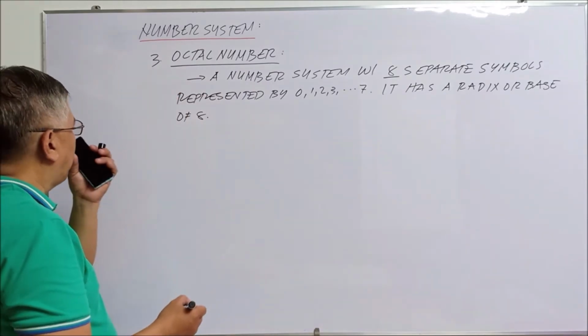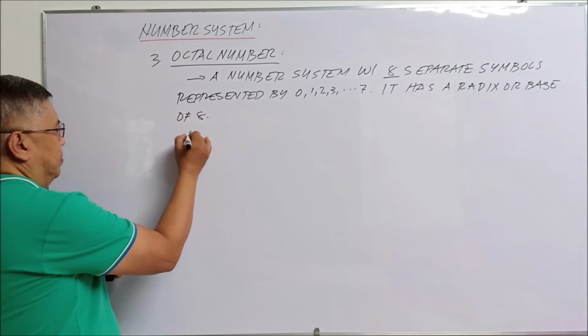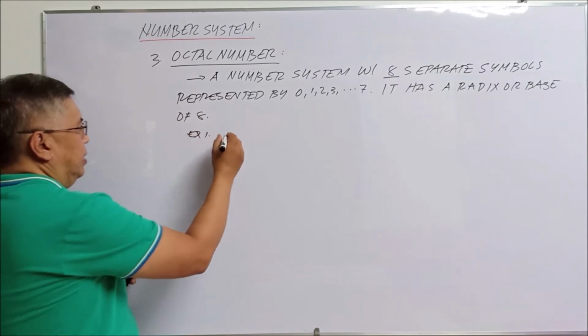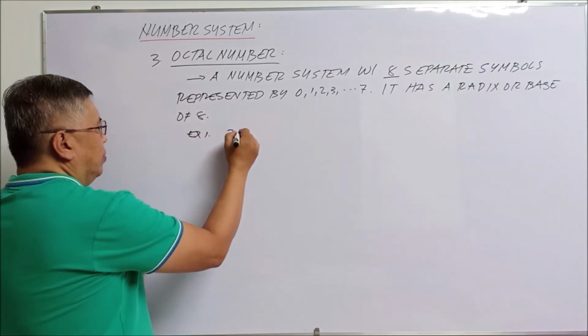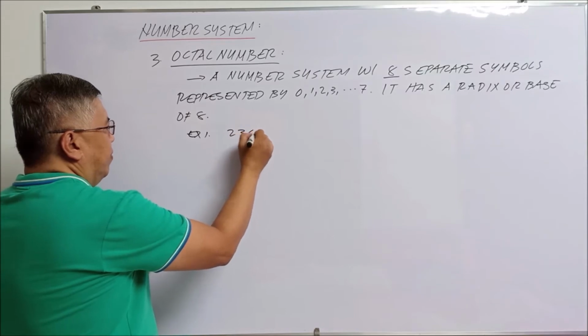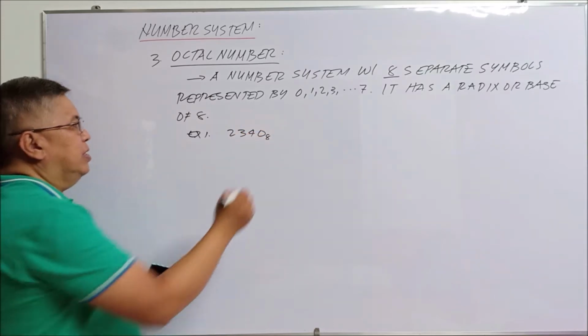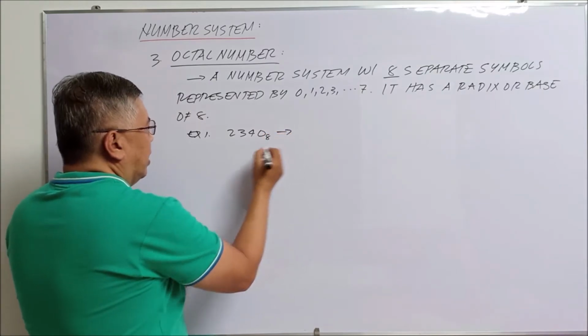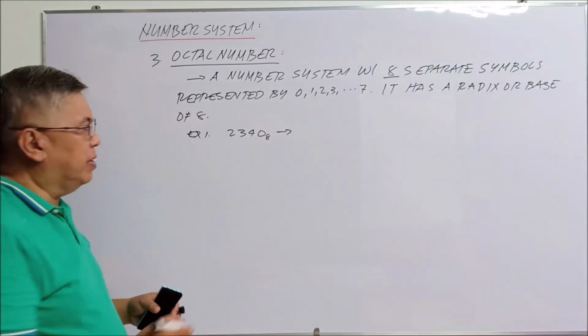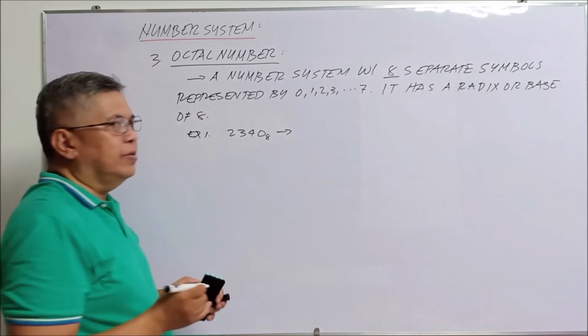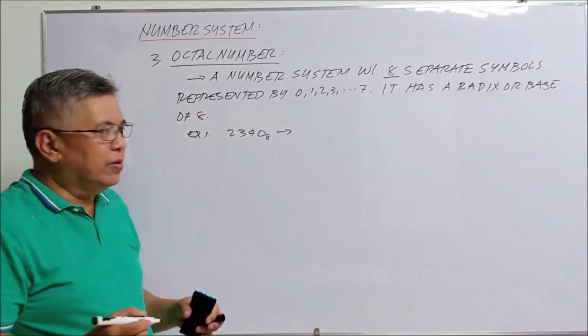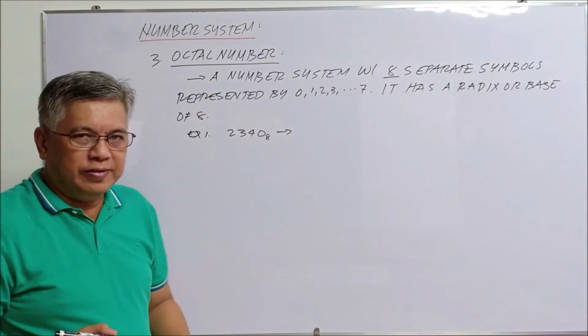So for example, let's say 2340 of base 8. This is an octal number system because of the radix of 8.